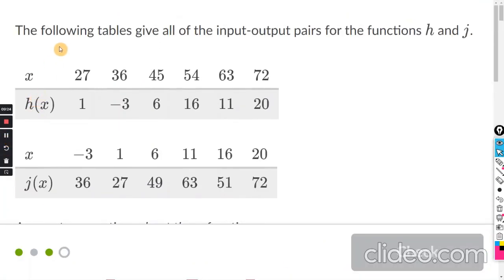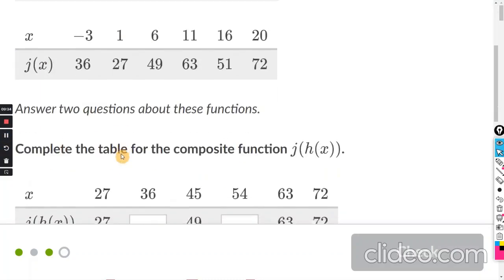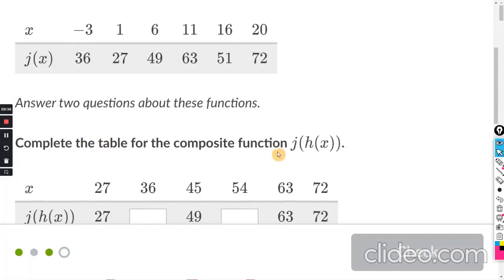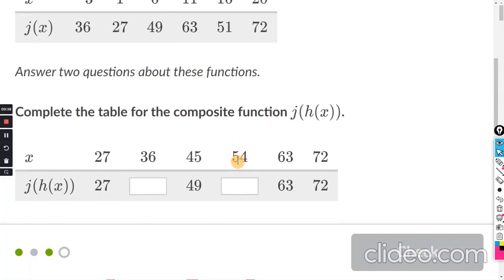Okay, it says the following tables give all of the input-output pairs for the functions h and j. So here's the h of x function, here's the j of x function. They want us to complete the table for the composite function j of h of x. Okay, so let's see. For all of these, we have to evaluate h of x first.